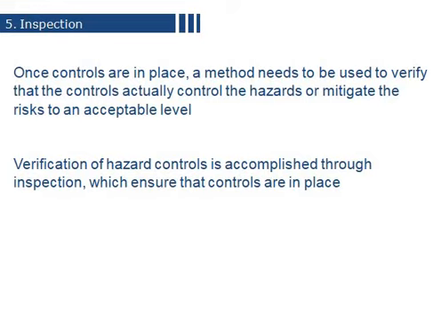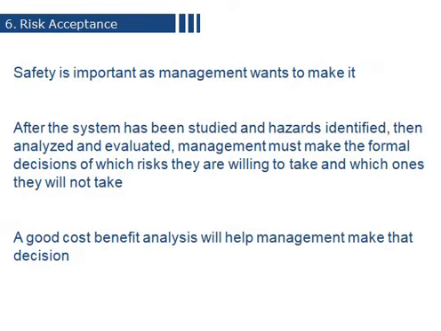And this is done through inspection to make sure that everything is in place and the controls are working. So that's why a regular inspection has to be made to verify that these control measures are effective and working as required. The next step would be to accept the risk or not.